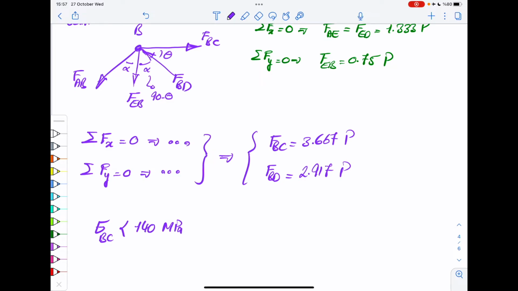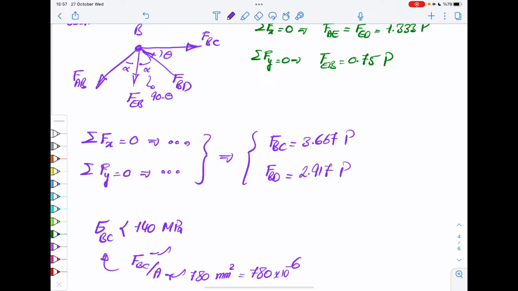Now, stress in BC itself is FBC divided by area. Area was given to be 780 millimeters squared, which is 780 times 10 to minus 6, okay?